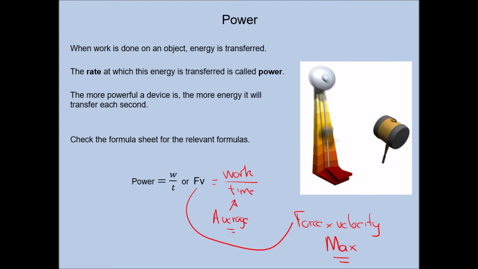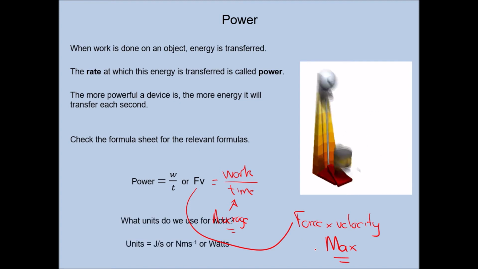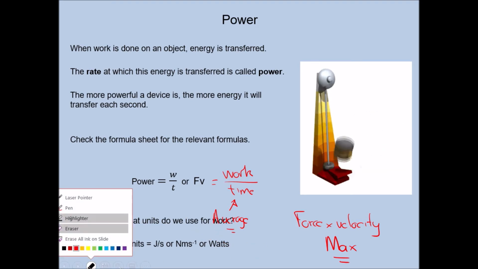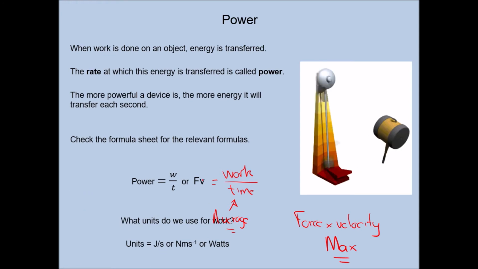Now what units do we use for that? There you go. The actual units that we use when we're talking about power are joules per second, or newton metres per second, or watts, which again is the most common one.